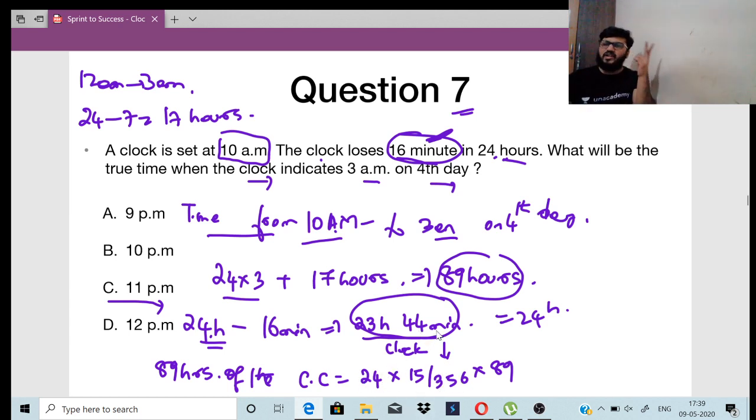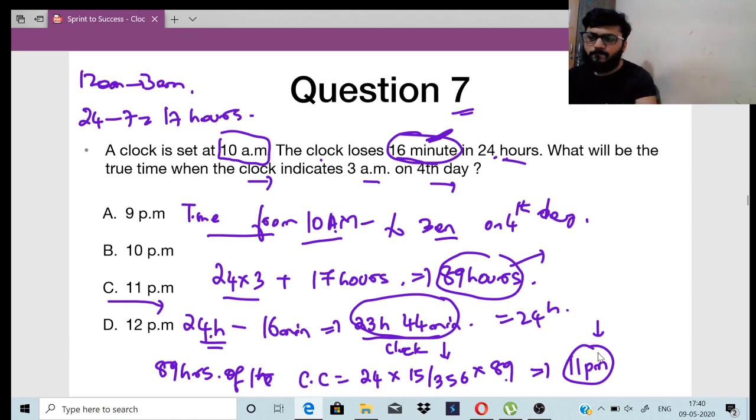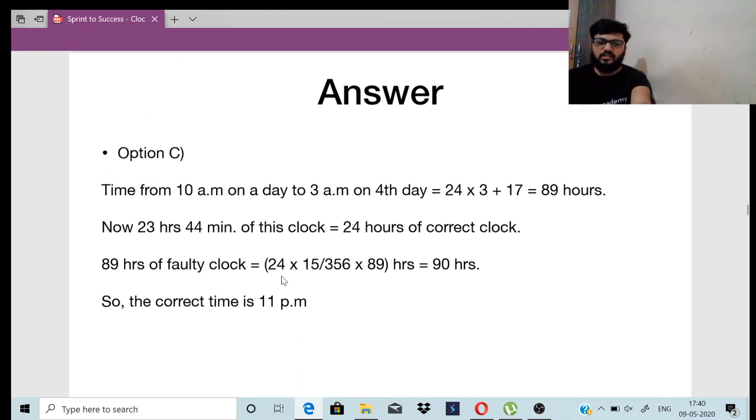The 44 minutes has to be converted in terms of hours, into 89 hours. Calculate this, and you will get the answer as 11 p.m. Okay, let's move on to the next question.